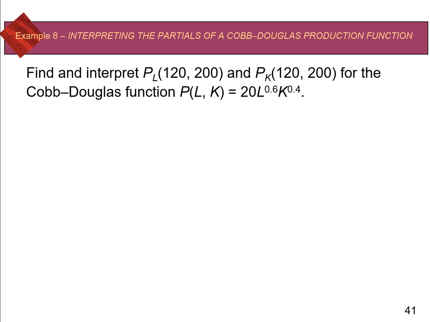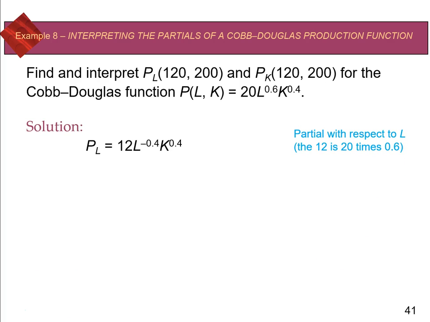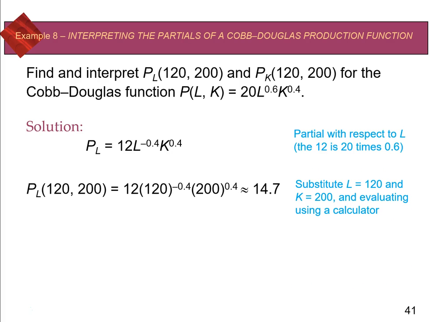So first off, in each one of these cases, I have to figure out what the partial derivative is. PL equals 12L to the negative 0.04 power, K to the 0.4 power. Again, K to the 0.4 was treated as a constant here. We're doing the derivative with respect to L. Now when I put those values in, I get 14.7.